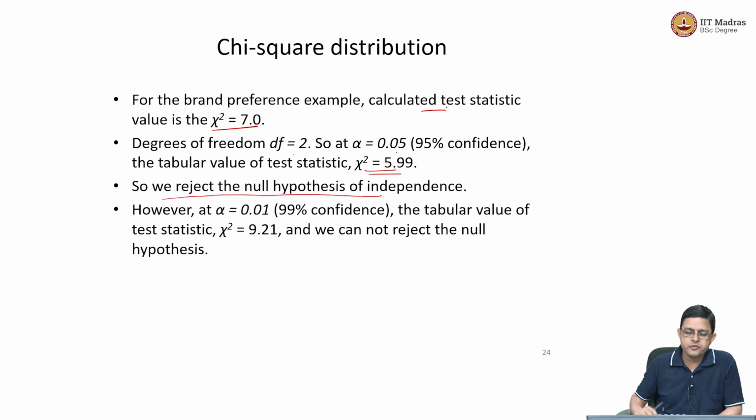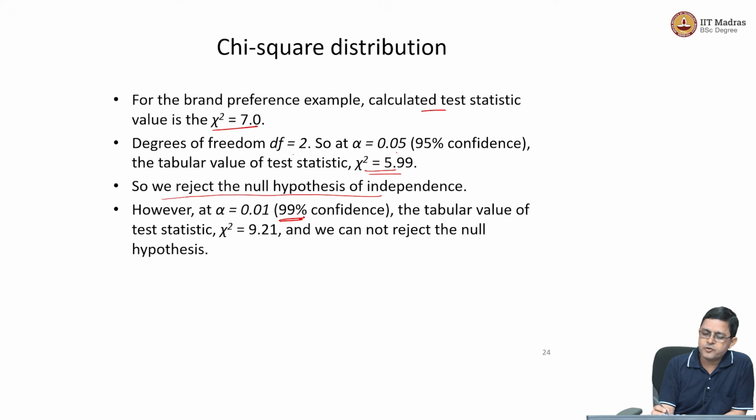What if somebody wants me to be 99% confident? If I want to be 99% confident, the alpha value turns out to be 0.01 and the tabular value increases. The tabular value goes up from 5.99 to 9.21. Now comparing 9.21 with 7, suddenly this 7 does not seem to be a large value.